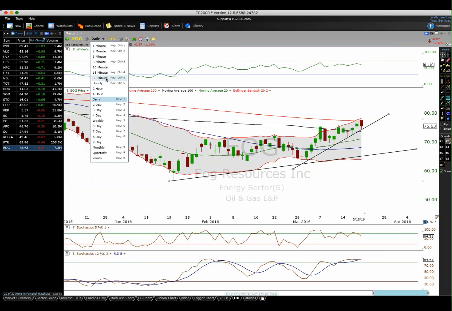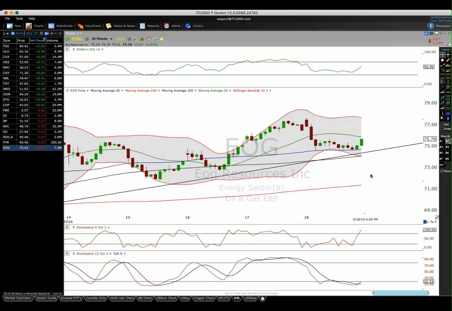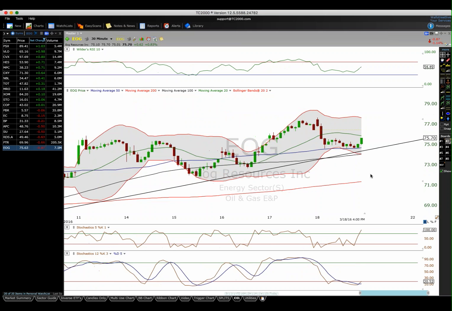So as we drop it down, the lowest I'm going to go is a 30-minute. Okay, now we saw what it looked like on the daily chart. Looks a little different on the 30-minute chart, doesn't it? Okay, the daily said, oh, grab puts, grab puts. That's what the daily was saying. But especially if you're doing options, you want to be anal about your entries.